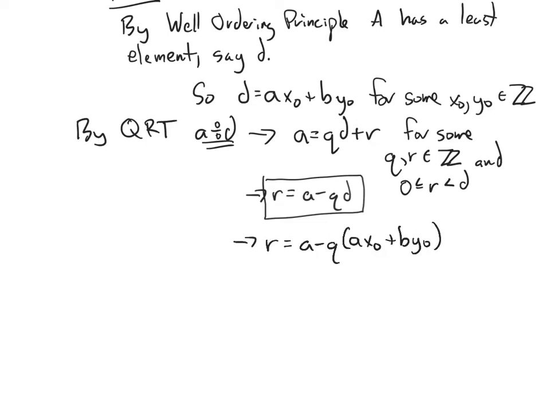R is A times (1 minus QX naught), or sorry, it should be a minus, not a plus, minus B times QY naught. But let's think about what we just did.